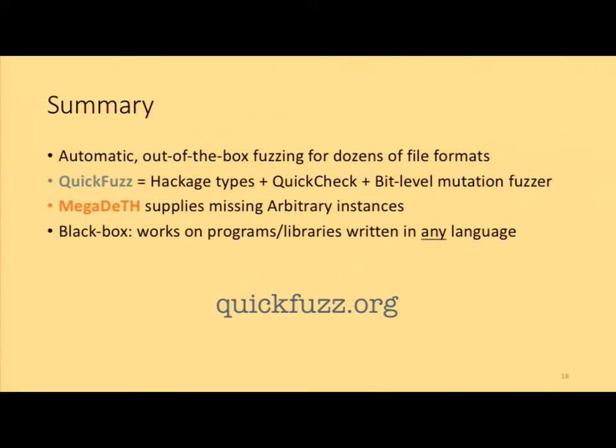We have Megadeth, which supplies missing Arbitrary instances, and sometimes not just missing instances, but we don't trust instances that might be included in libraries, so in general we use the ones generated by Megadeth. And it is black box because we're generating files. So as long as you have a program or a library that's supposed to work with a given file format, we can test it. So it's not limited to Haskell programs.